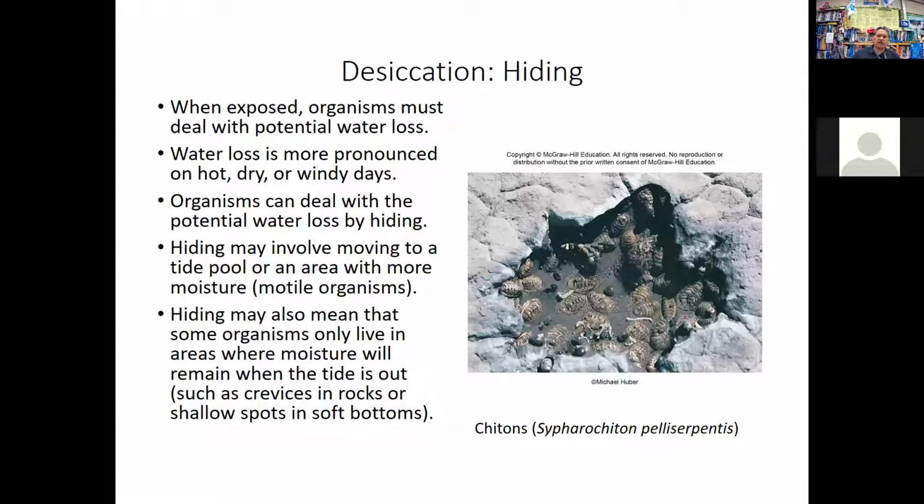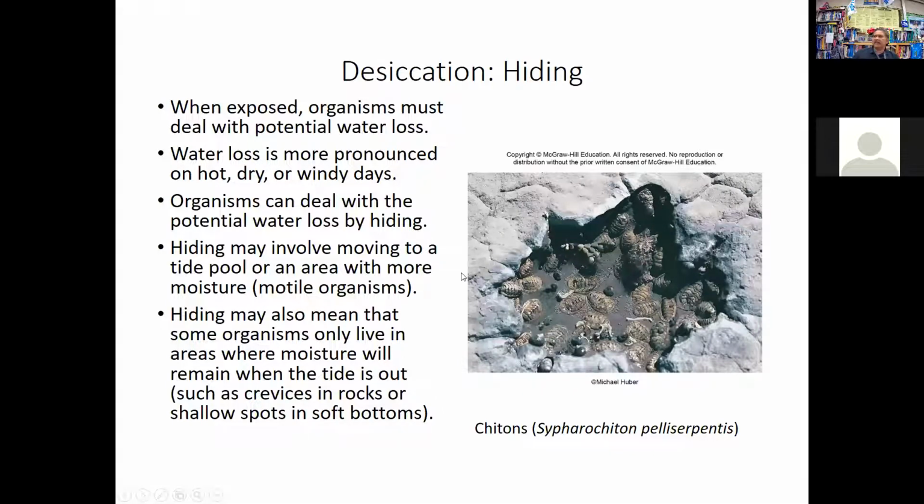Some organisms are going to go to different areas. Hiding may also mean that some organisms only live in areas where moisture will remain when the tide is out. So they seek out these areas through experience. They know that this particular spot on this rock, this particular crevice, is not going to dry out.